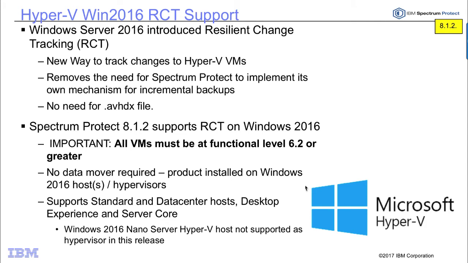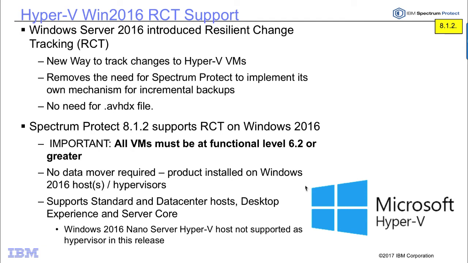Okay, so that's data protection for VMware. Moving on to data protection for Hyper-V. We've done a lot of work in data protection for Hyper-V in this release. And as you probably know, if you're using Hyper-V, Windows 2016 introduced new RCT, or Resilient Change Tracking, for Hyper-V virtual machines.